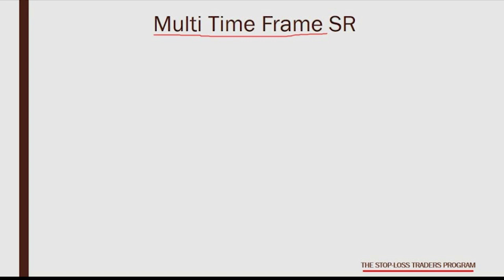Similarly, when a support gets broken, it becomes a resistance for us. This is well known as SR flip. Yes, Hemant, it can be for both minor SR and major SR.